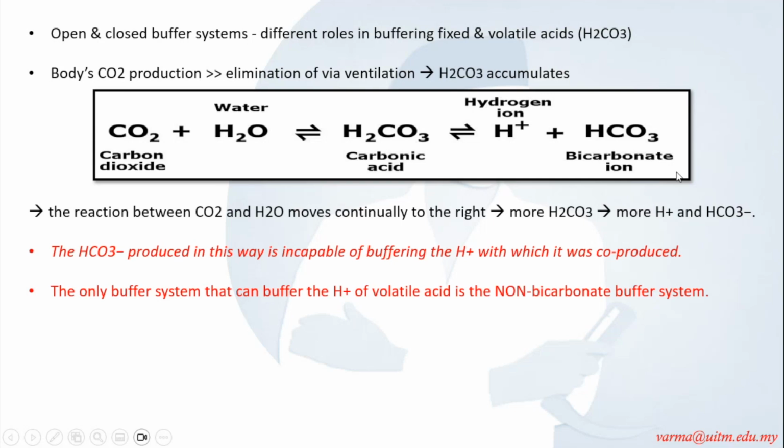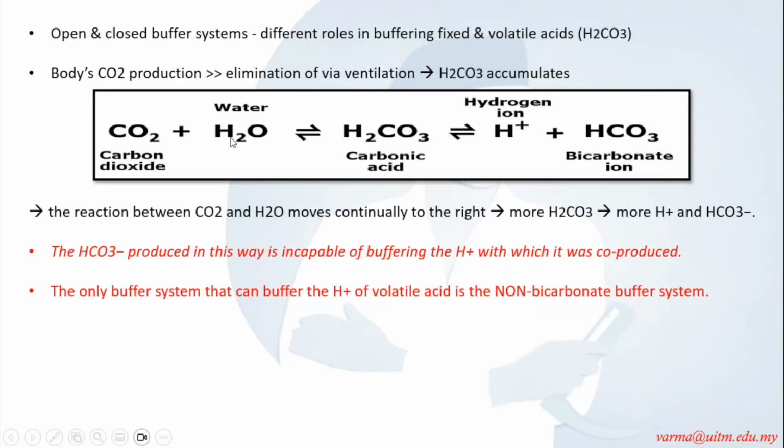The bicarb produced in this way is incapable of buffering H plus. You may ask me, since this reaction can go back and forth, if the patient is hypoventilating, CO2 accumulates, becomes carbonic acid and H plus. Why can't the bicarbonate produced in this reaction just buffer this H plus directly, so that H plus is not high and does not cause acidosis?